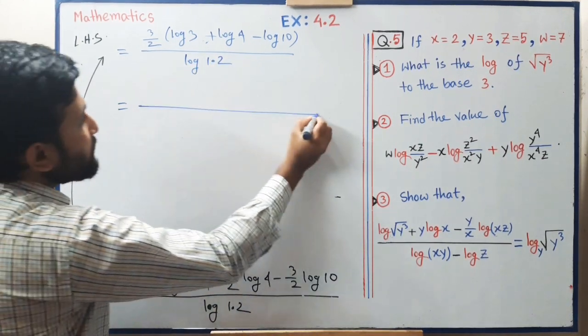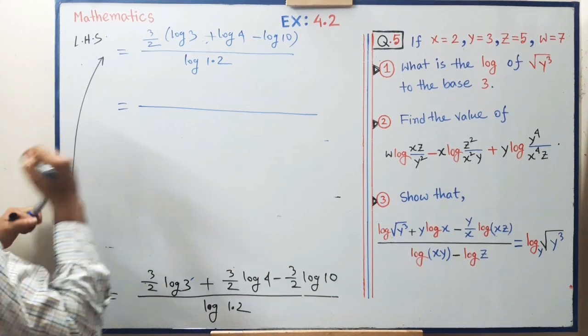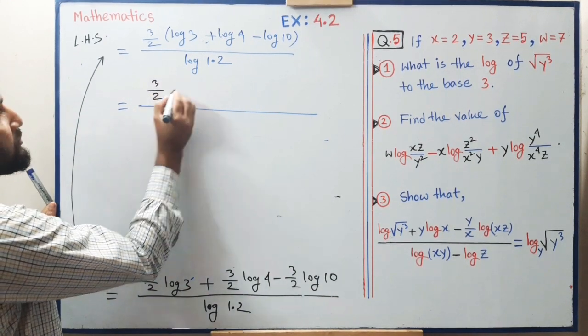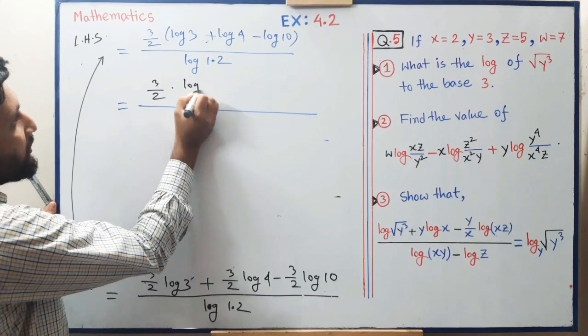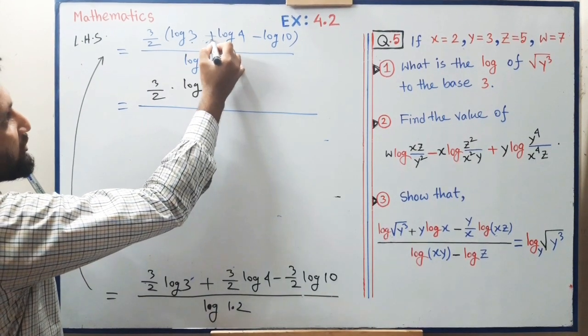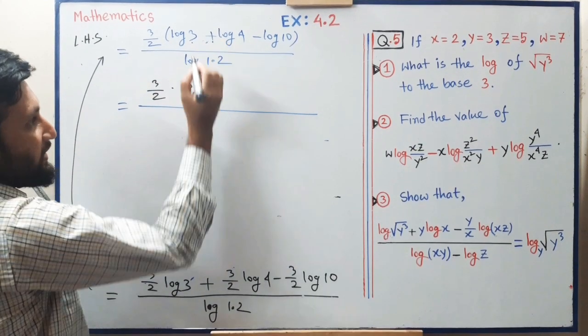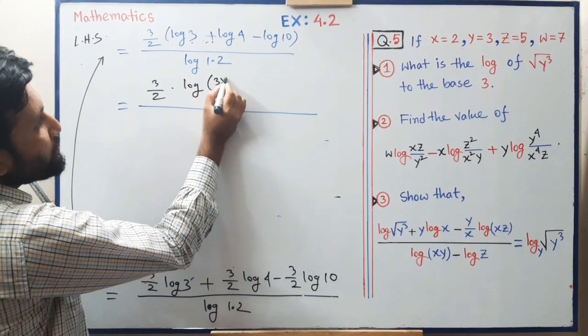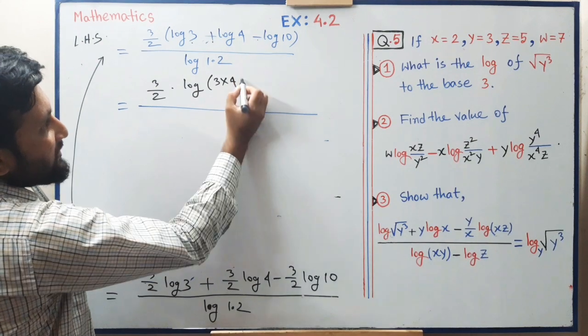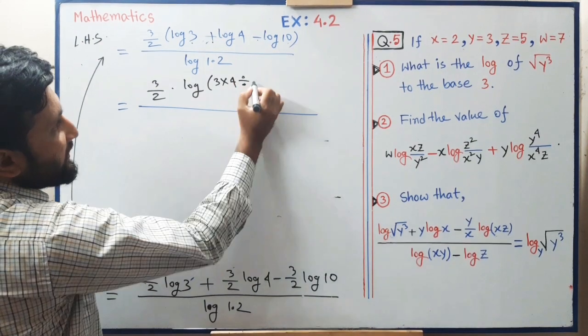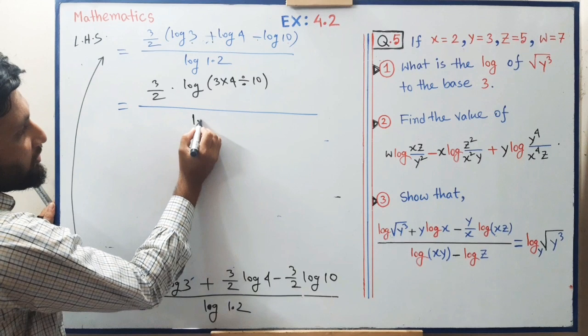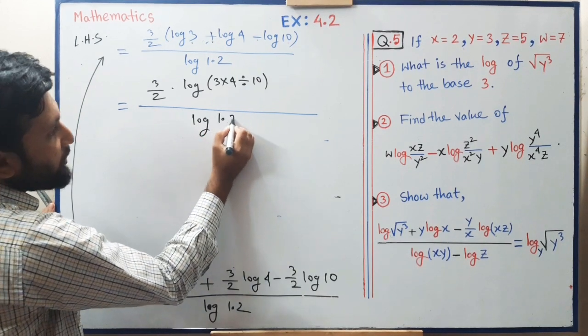So in the numerator we can use the formula: the middle sign is plus, so we write 3 into 4, and then the sign is minus, so divide by 10. In the denominator, log 1.2.